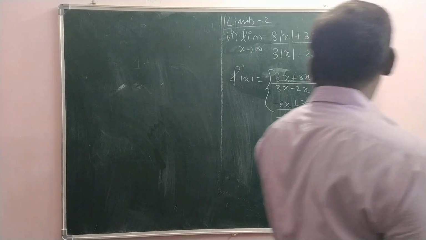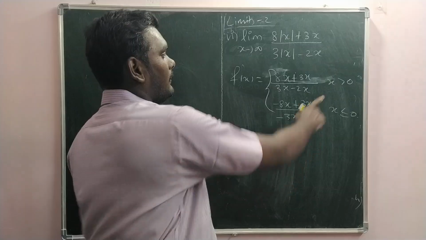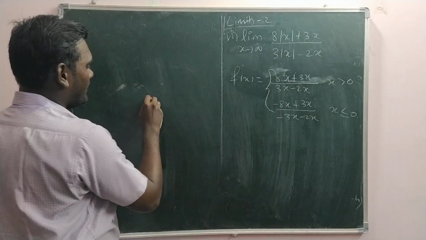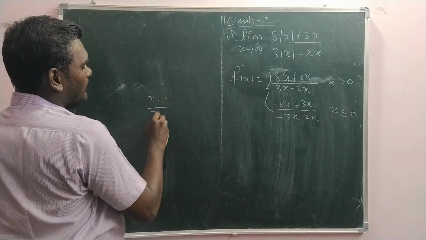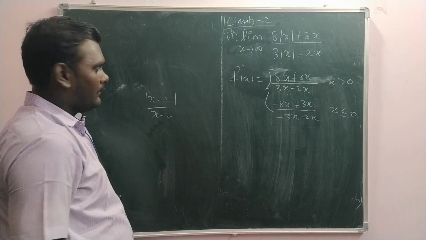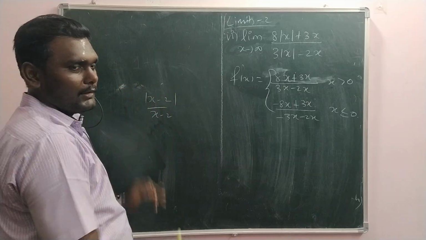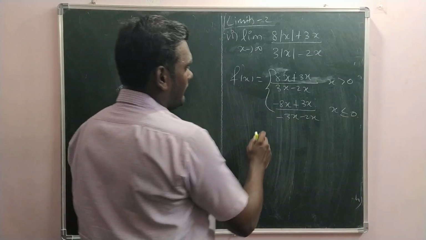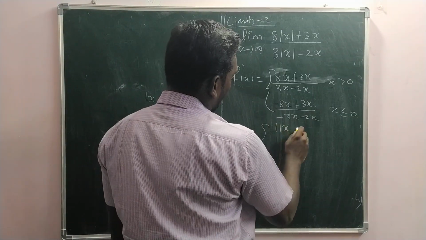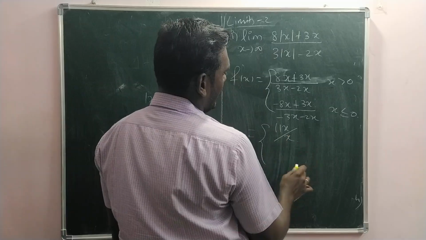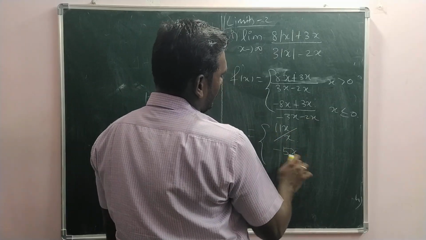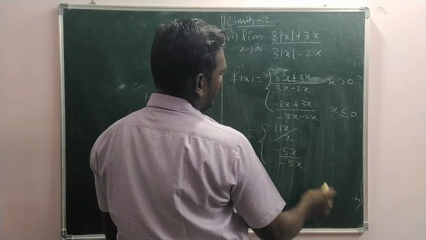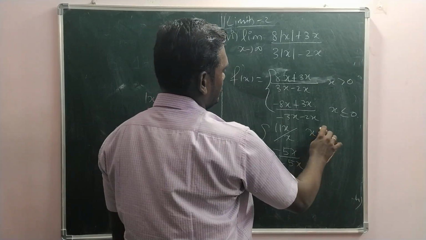For this function, for x greater than 0, this alone I applied. You remember directly I wrote x minus 2 by x minus 2 like this, right? First for this alone I wrote, after that for this. So here x is the main character. So what we will get? 11x by x, and this is minus 5x by minus 5x.